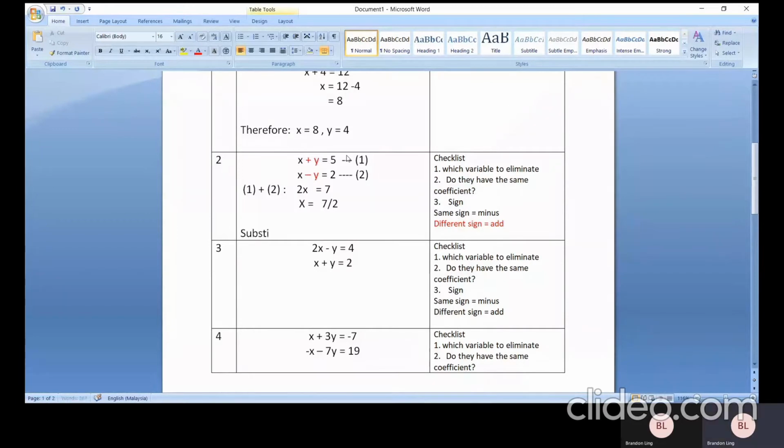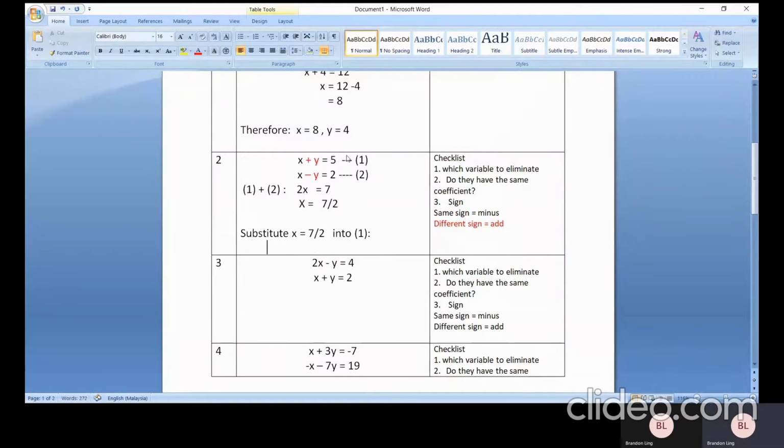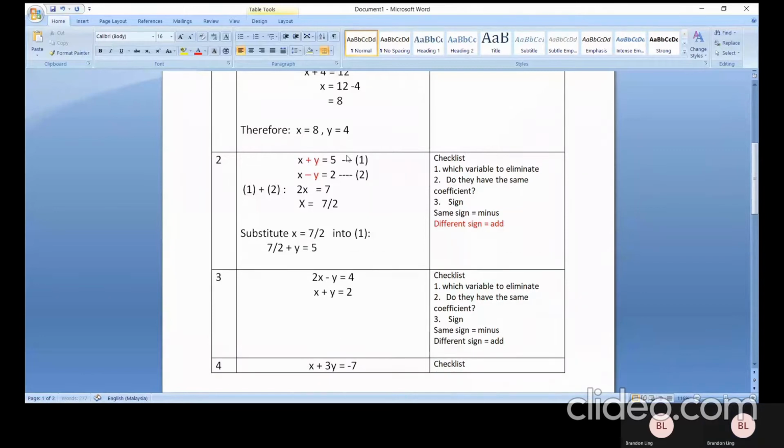Next, we can substitute x equal to 7 over 2 into, let's say, equation 1, which is 7 over 2 plus y equals to 5. And in fact, you can move this 7 over 2 to the other side.